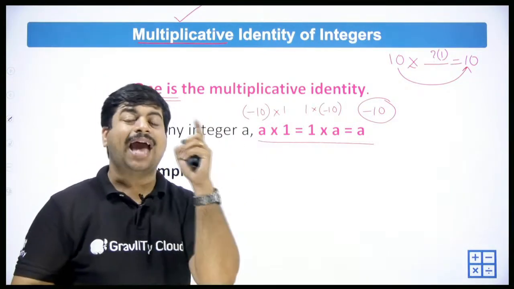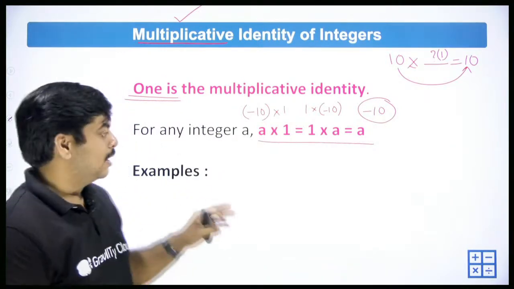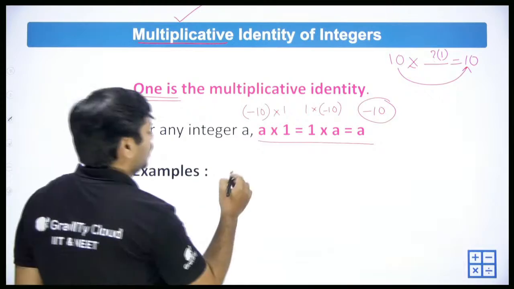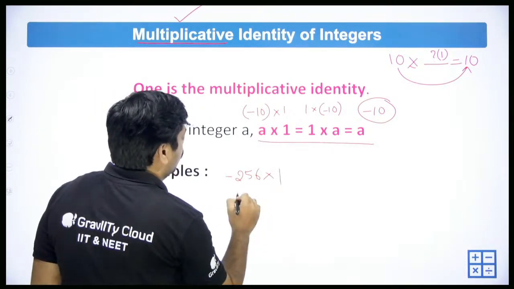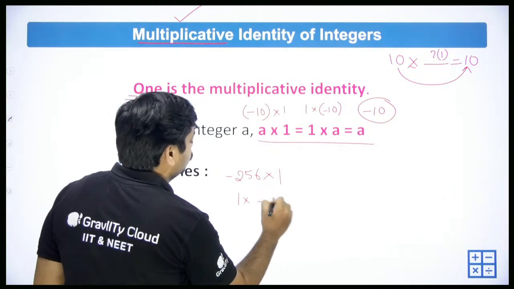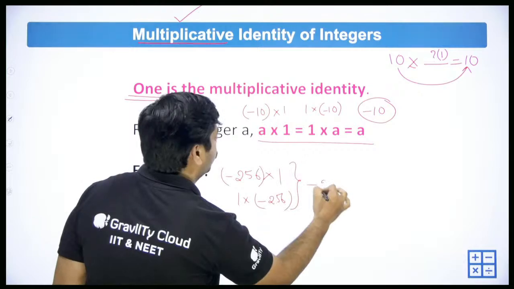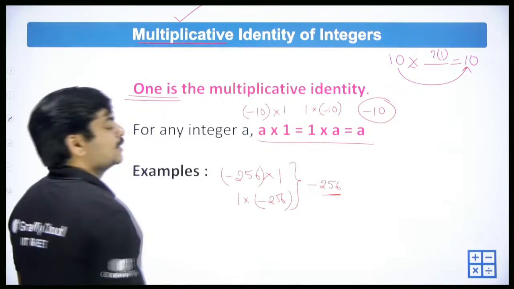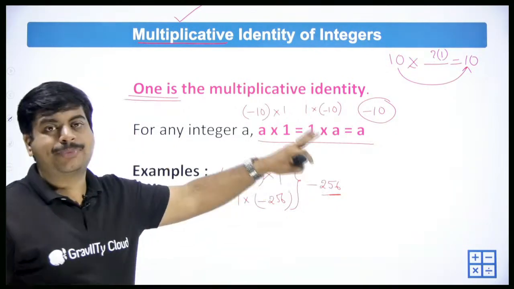In the previous class we added, so there it is additive identity. For example, minus 256 into 1 or 1 into minus 256, both will give the same answer, minus 256, the same identity reflected back.